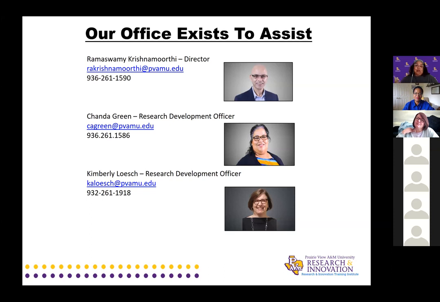And Kim, do you want to talk a little about these sites? Yeah, and you can either go to our Prairie View Research webpage, and the ORA tab there, we have links to 2 different websites where you can find funding opportunities. That would be grants.gov, which lists funding opportunities from all of the federal agencies.